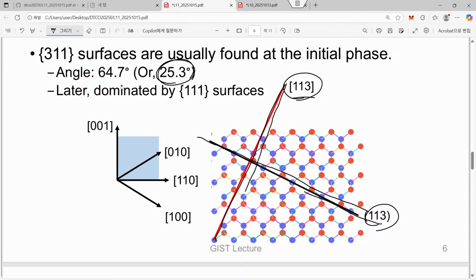So it becomes dominating at the initial point, but later it is caught up by our 111 surface, and it's gone.